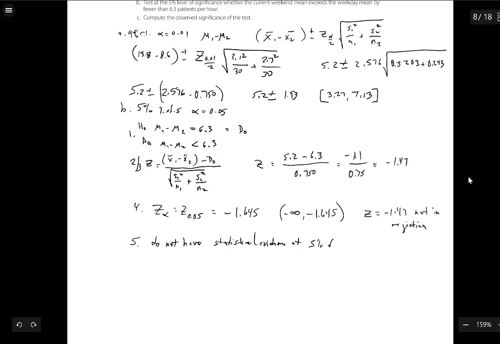So we do not reject, and we'll accept that the difference is not significantly below that 6.3 patients per hour.